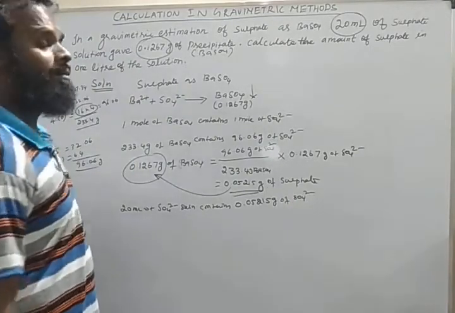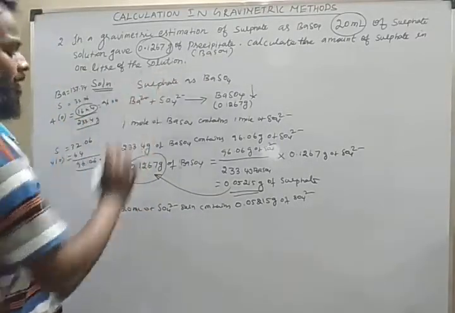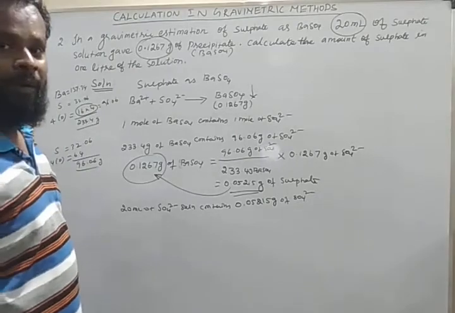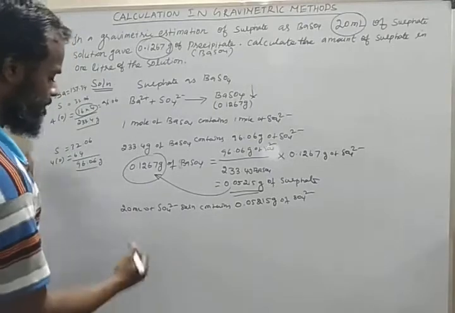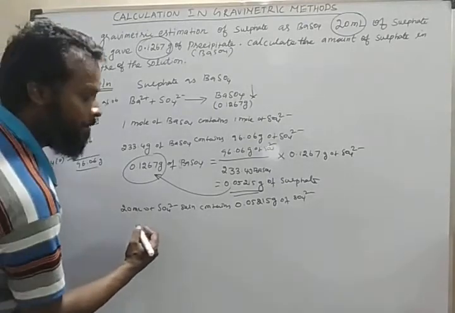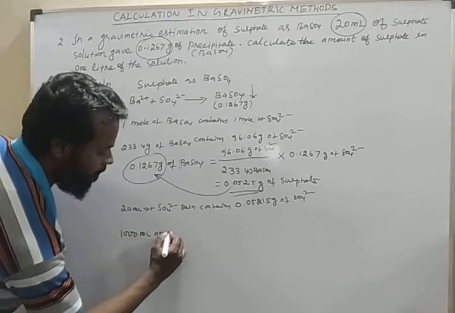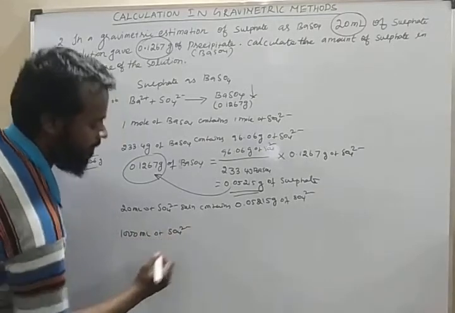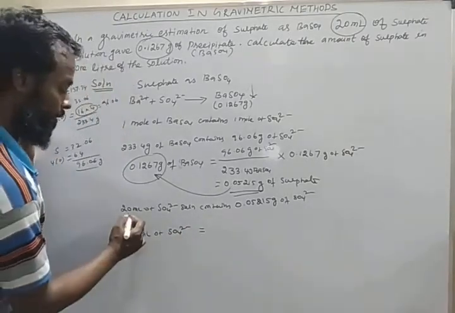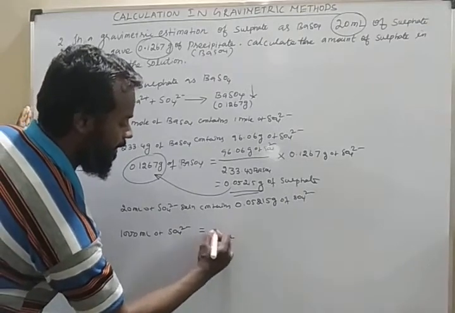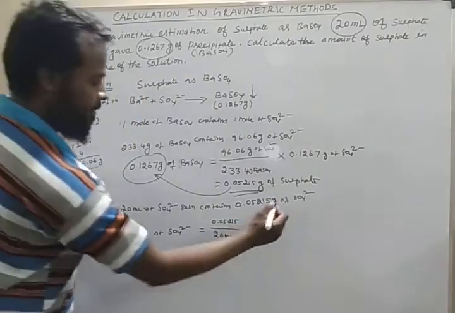Therefore, what is the amount of sulfate present in 1 liter of the solution? We can work it out as we have worked out in the last problem. Here we know in 1000 ml of sulfate solution contains, that is equal to, we know 20 ml contains 0.05215 gram of the sulfate.